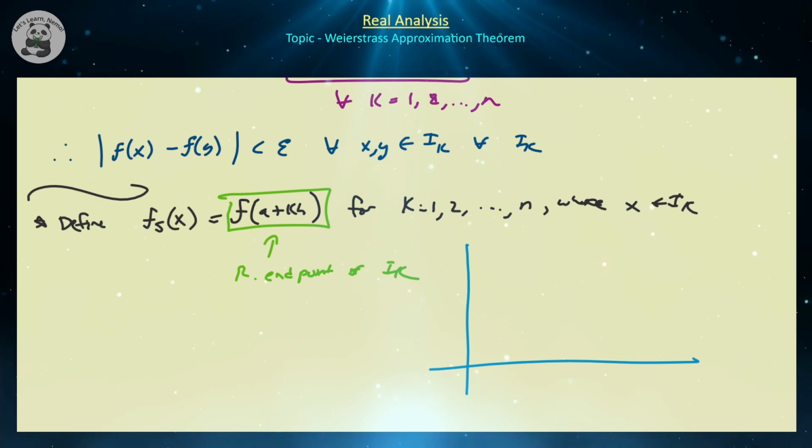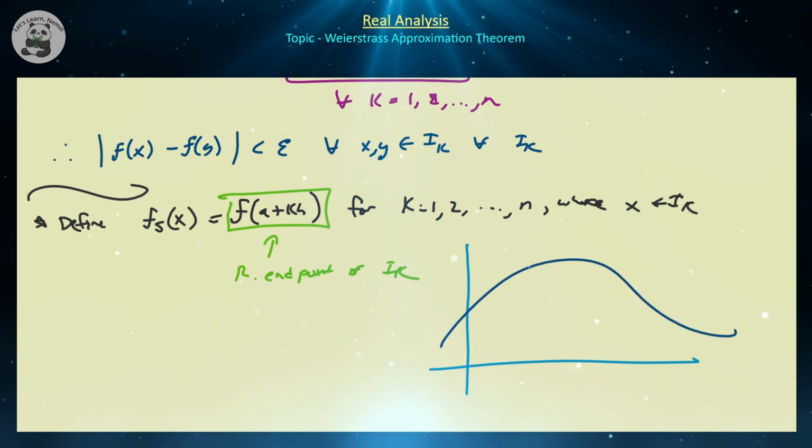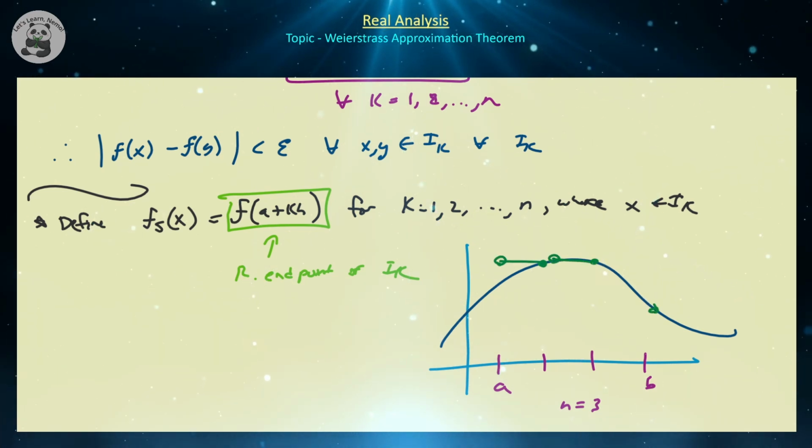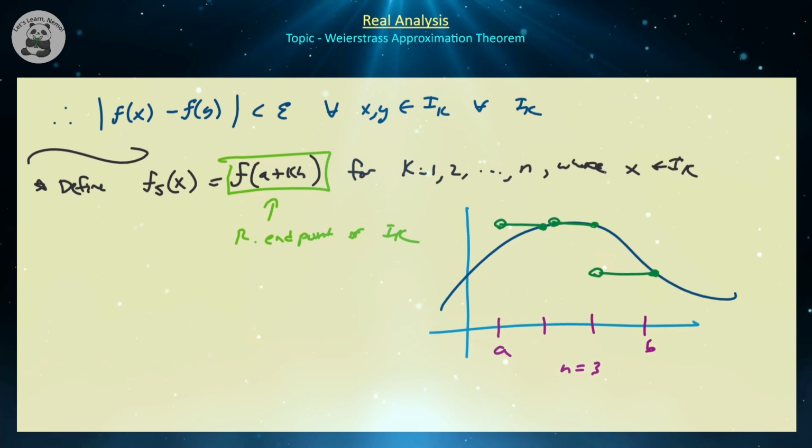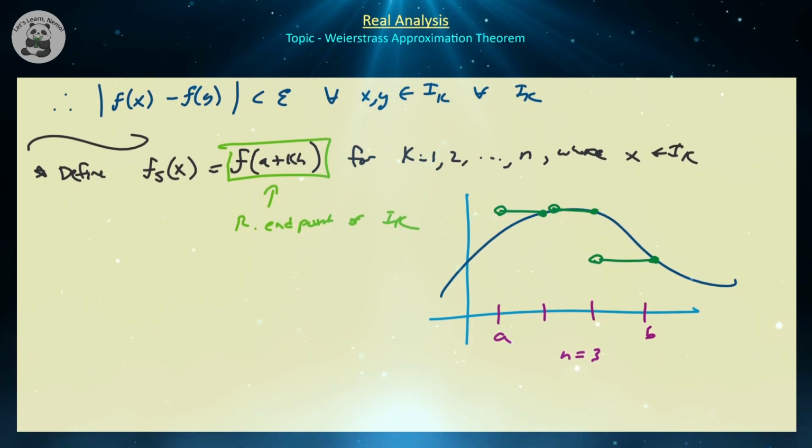Okay, so if we look at a particular picture to get an idea of what we're doing here, let's assume that we have this particular function, and let's assume that we're partitioning into, for example, 3 intervals. So we have a and b, and this is n equal to 3. So if we're just taking the right endpoint of this, then our step function is going to be equal to this function here, this function here, and this function here, right? So that's our step function approximation for this function, arbitrarily, of course.